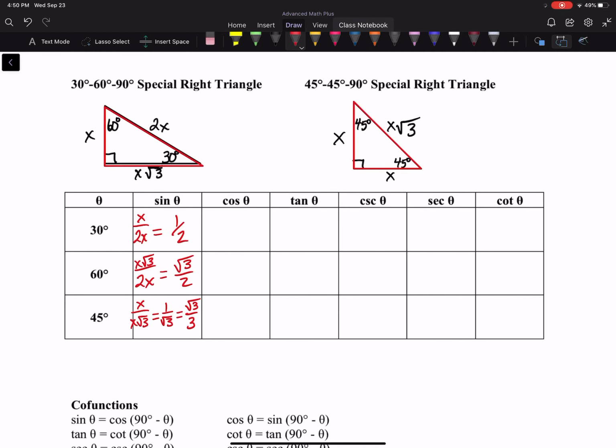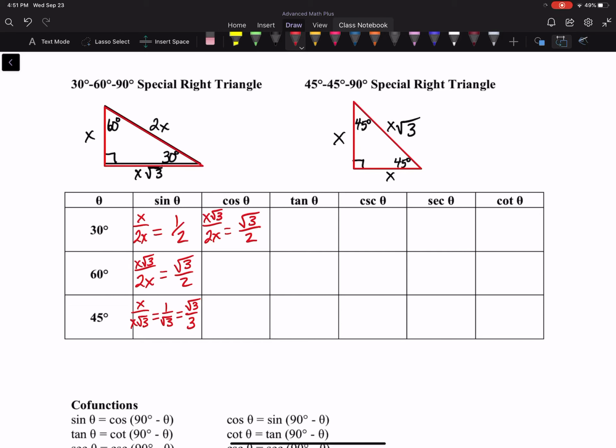That is your final answer. All right. For cosine of 30, you do adjacent over hypotenuse. So that will be x square root of 3 is the adjacent side to 30. The hypotenuse is 2x. The x's cancel, so you'll be left with square root of 3 over 2.